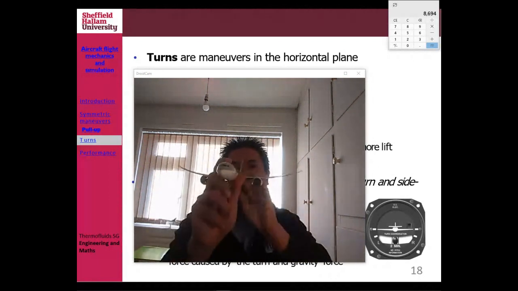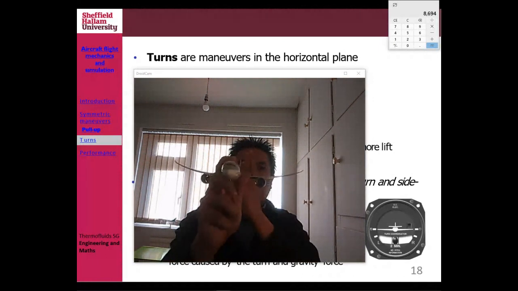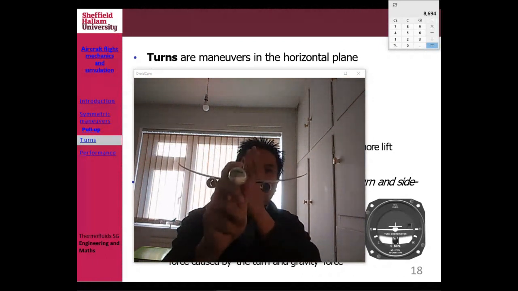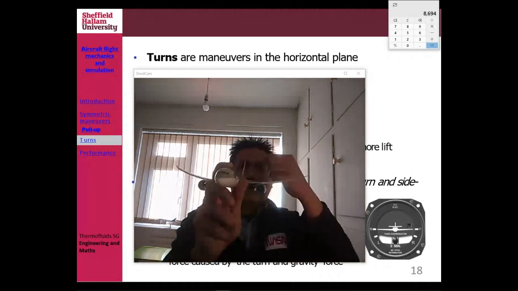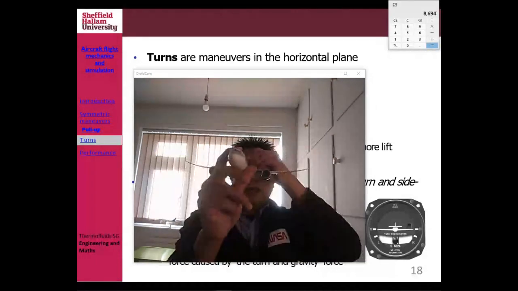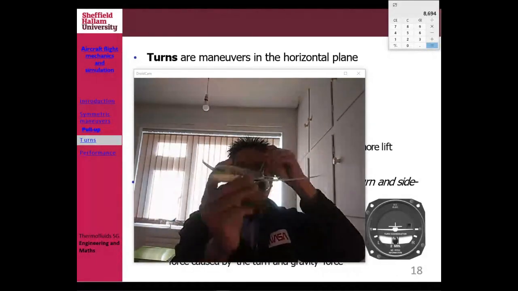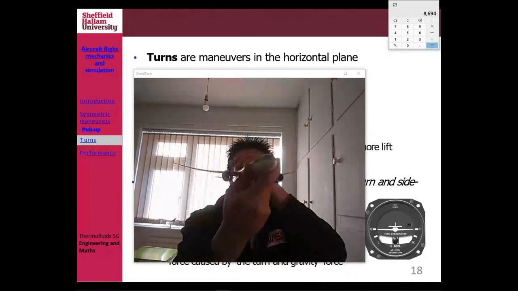The same thing happens when you change your direction by using the rudder at the back. You are hoping that the rudder produces a side force, which then turns the nose of your aircraft to the left or to the right.